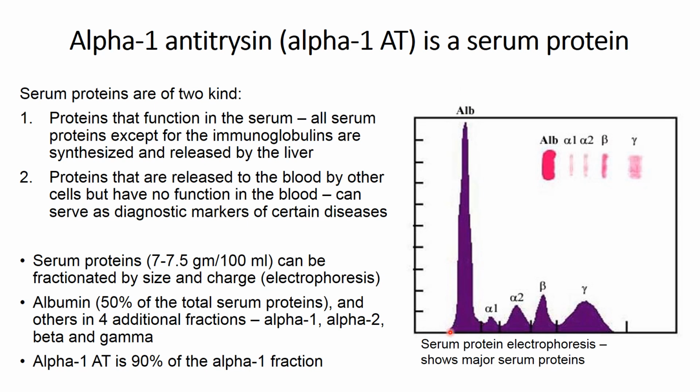Albumin is about 50% of our serum proteins, and albumin has a lot of functions that you may have learned about until now. It ensures the proper oncotic pressure of the blood, and it can also bind hydrophobic molecules and transport those molecules in the blood.